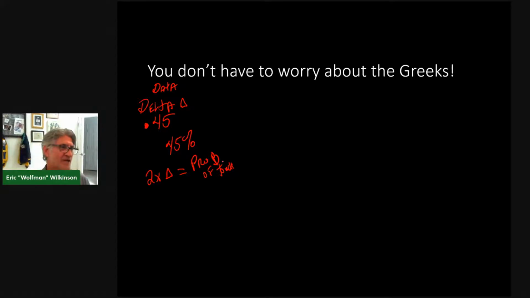I've got a 90% probability of touch, but only a 45% probability of being in the money. So when you're buying or trading out of the money options, you know you have small probabilities of being in the money, but 2 times that probability is the chance the underlying will trade to your strike during the life of that option. All right, so that is delta.